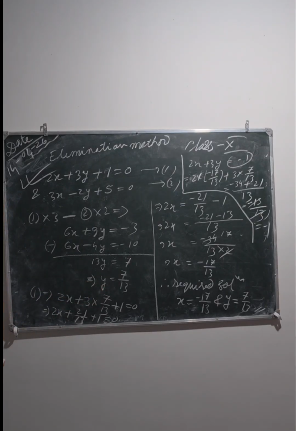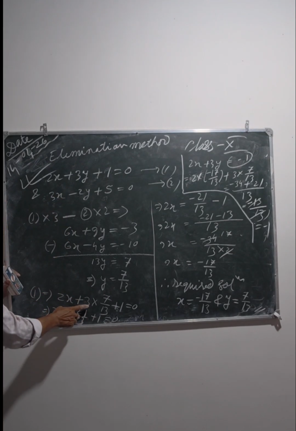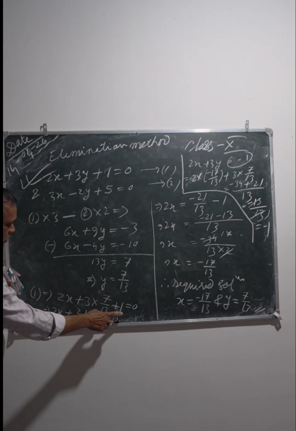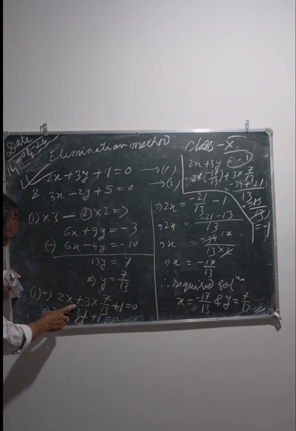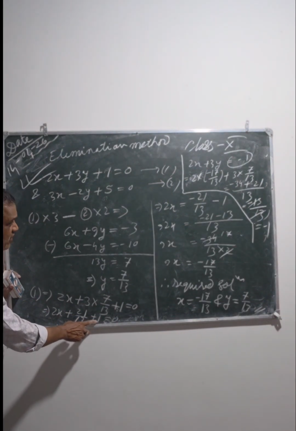To get the value of x, let us substitute the value of y in the first equation. So twice x plus 3 into the value of y, plus 1. So it will be 3 7s are 21 by 13, plus 1.